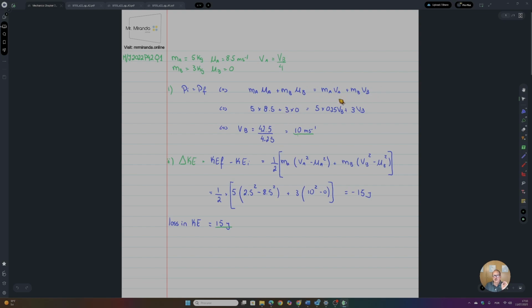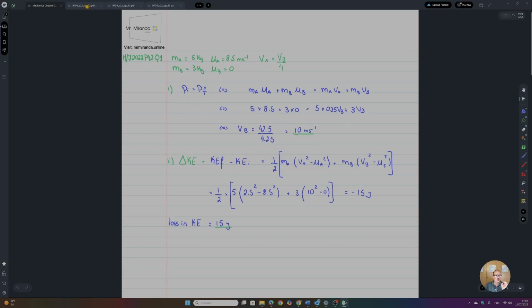But then, after the collision, they are both going to move, and you can put the velocity of A after the collision as a function of velocity of B, so 0.25 the velocity of B, all right? And you will have just an equation with one unknown that will allow you to get the velocity of B, that is 10 meters per second.